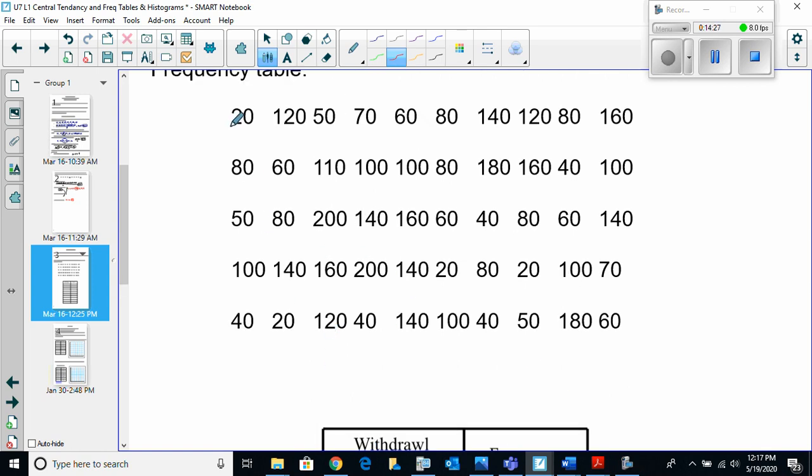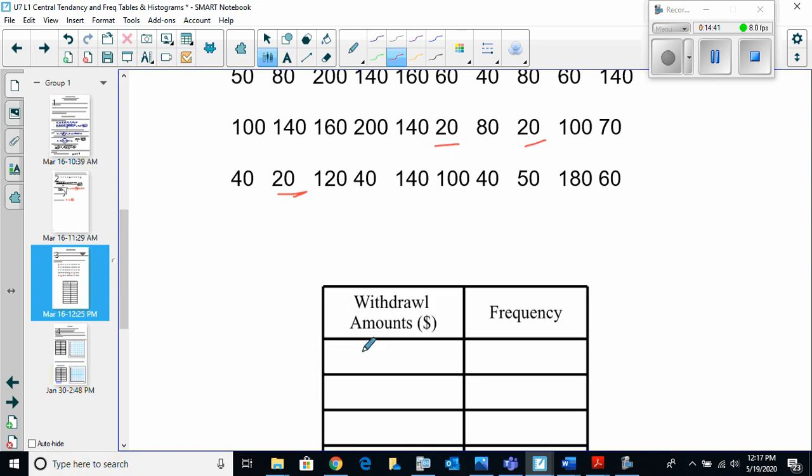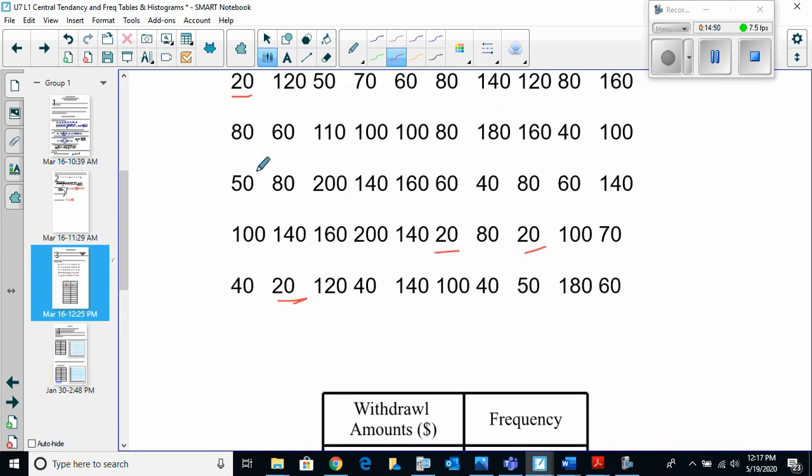So we'll start with the 20 first because 20 is the lowest one. So I will just underline them and then 1, 2, 3, 4. So the amount is 20 and the frequency is 4. Now let's move to 40.